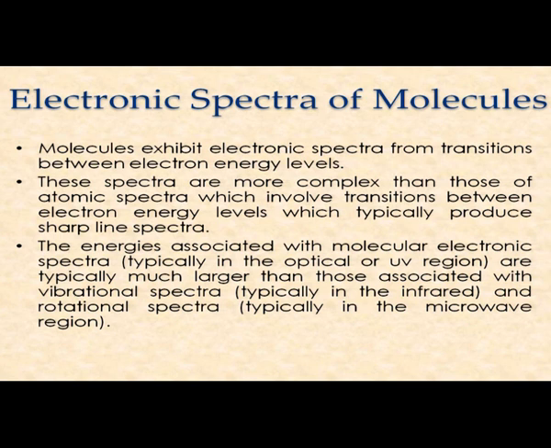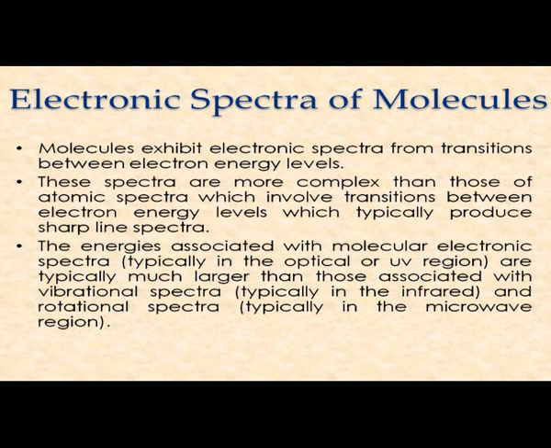Because in an atom well defined energy levels are there, but in a molecule all the energy levels of all the atoms should be put together, and the transition between the electronic energy levels in the molecule should be explained. That is why the electronic spectra of molecules is more complex than those of electronic spectra of atoms.